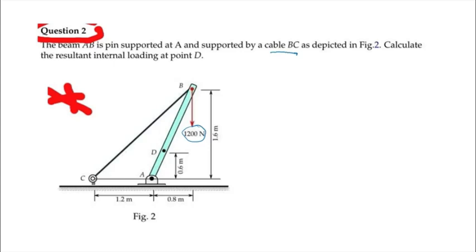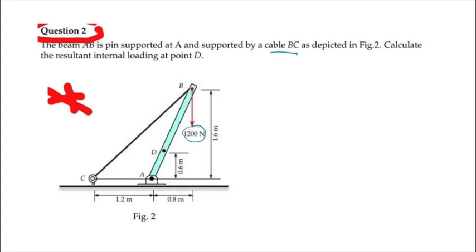Cables, wires, ropes, strings are flexible elements, and flexible elements are basically two-force members, but only in tension. They cannot support compressive load. So the cable will apply a tensile load. It does not support any compressive load.